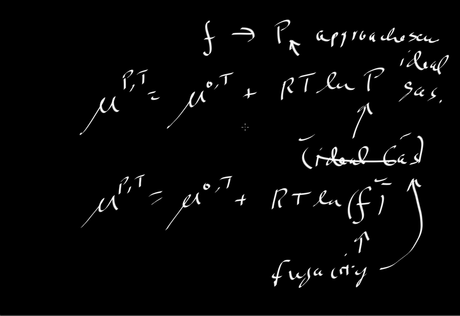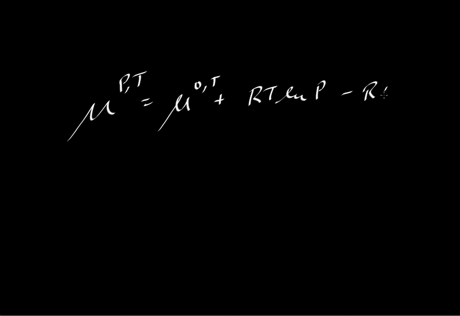What about the activity? Well, let's come back and look at the integral. For the integral, we knocked out the P over P naught term. I don't want to write it there because that'll make the equation incorrect. So let's say we didn't have the one atmosphere case. So we have this plus RT ln P minus RT ln P naught. For both of these, we could substitute fugacity.